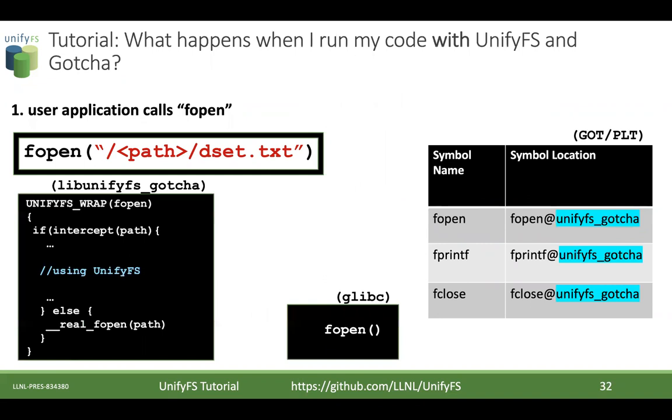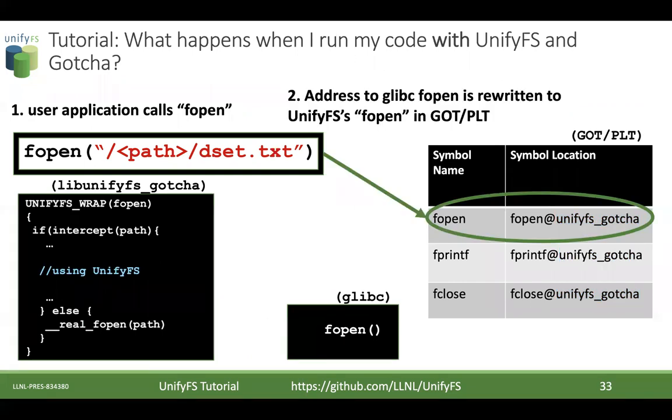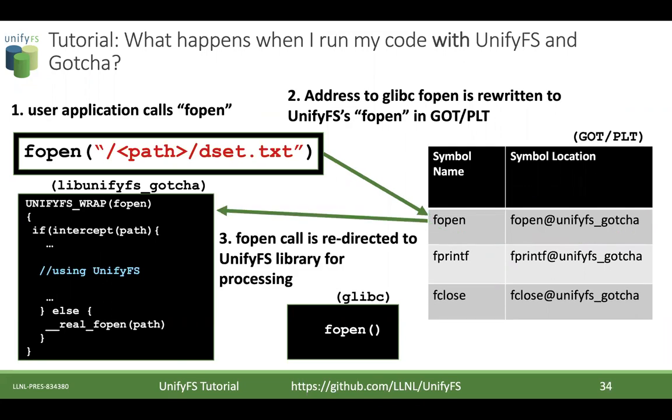Essentially what GOTCHA is doing that allows us to intercept at this lowest level is replacing the locations, here on the right in the global offset table, of where those functions are located, essentially with our UnifyFS wrappers. So when your application is calling fopen here, it gets redirected to UnifyFS for our processing.